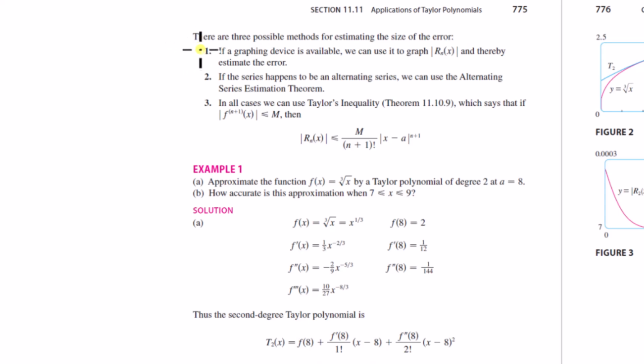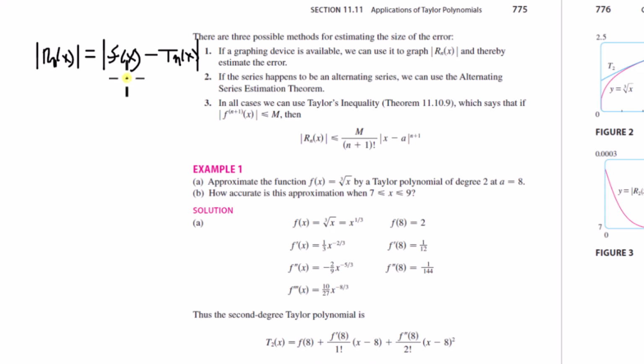So if you have the function, then you can just use Excel or whatever program you have to get f of x minus whatever t sub n you're using. Get that absolute value. That's what R sub n of x is, the absolute value.